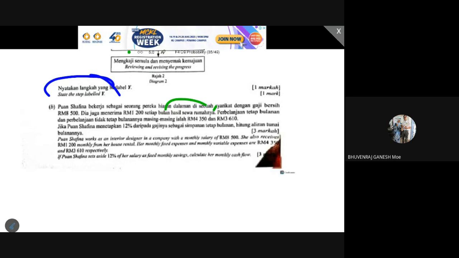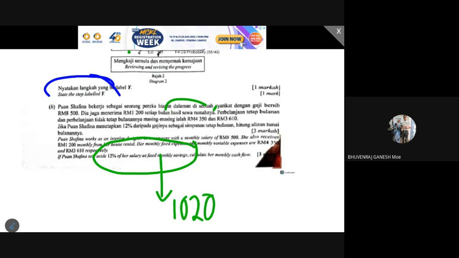Give your final answer for question B. This one is 1020. Nilai ni kita dah kira 1020. Yes, very good, Shamnat. Answer is 720. Jawapan akhir kamu adalah 720.